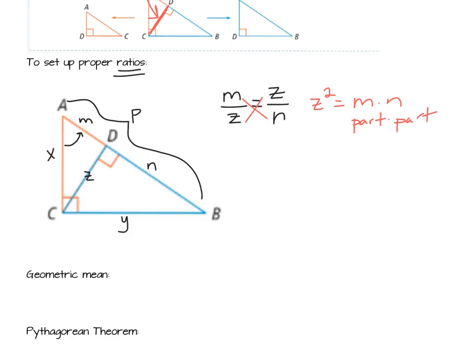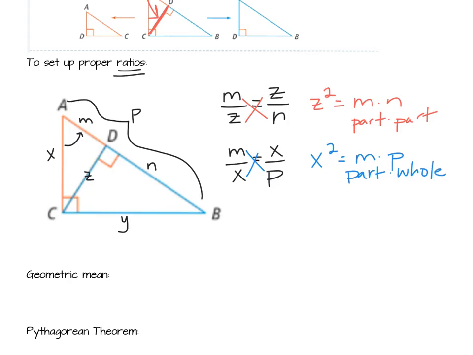So if we're comparing side length X, we write M over X equals X over P. When we cross multiply, X squared equals M times P. So that left leg squared equals part times whole, that whole length of the big hypotenuse.